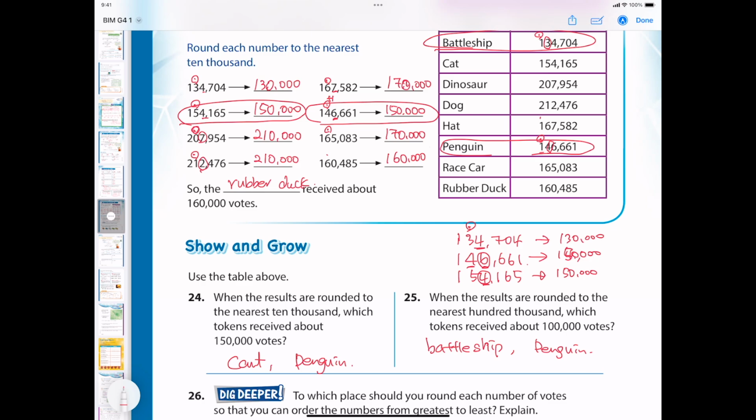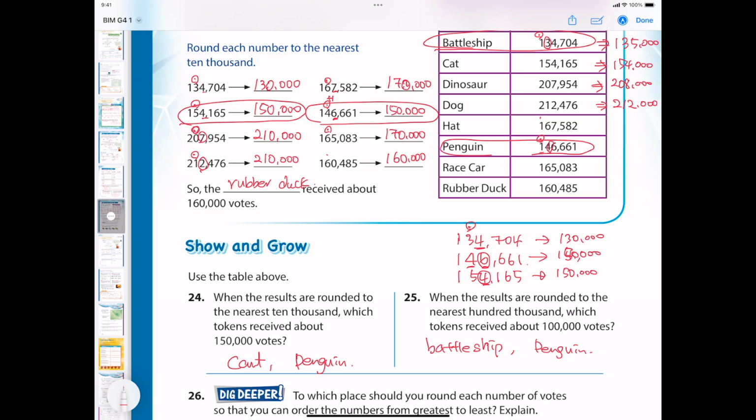What about the thousands place? The least number is the battleship, which is 134,000 when rounded to the thousands place. It becomes 135,000, and 154,000, and this becomes 208,000, and this becomes 212,000.